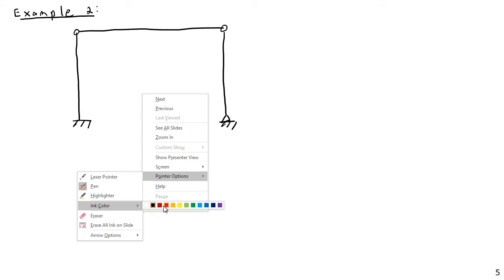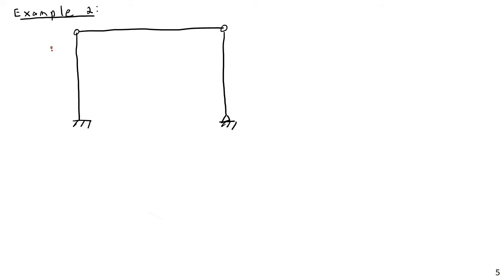Well, actually, let me get the loads here first. I'm going to have a horizontal load of 0.8 kips per foot, or 800 pounds per foot if you prefer. 0.8 kips per foot.